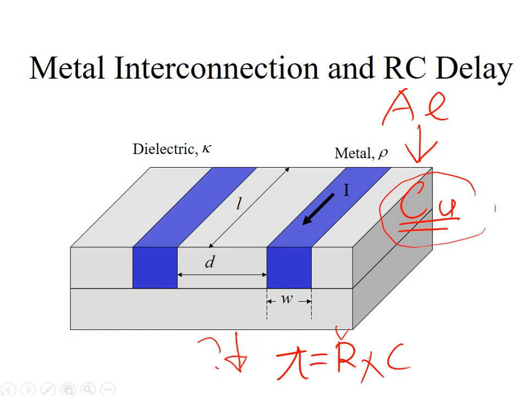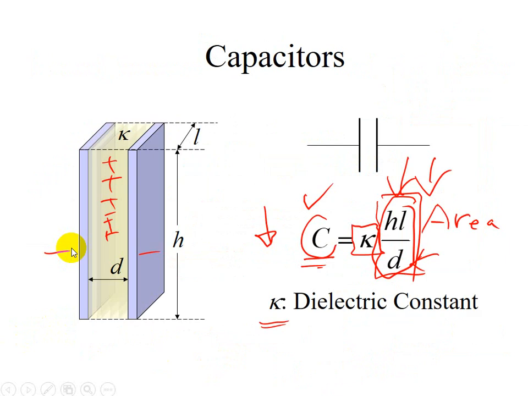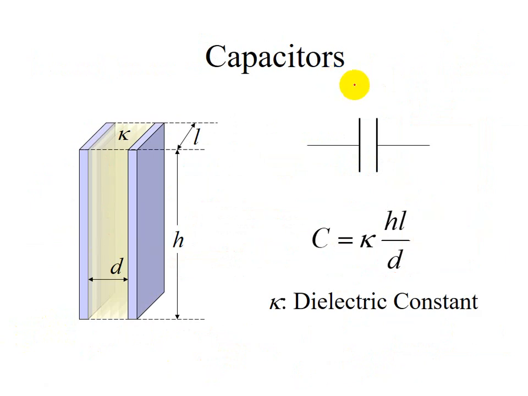In that case, it looks like the resistance is going to be fixed in the future. So when you try to reduce the time delay, T, the only thing is to try to reduce C, the capacitance. So again, going back to here, how do you reduce the capacitance?